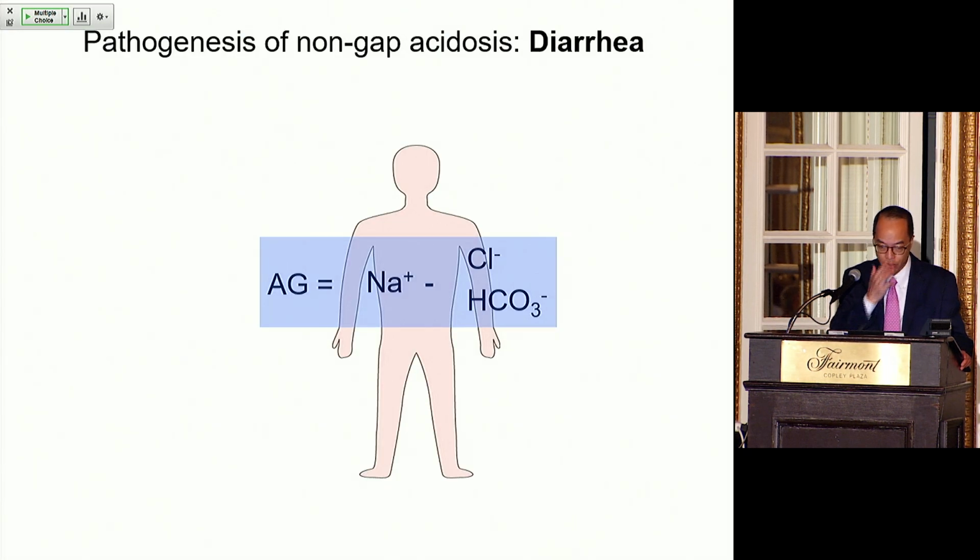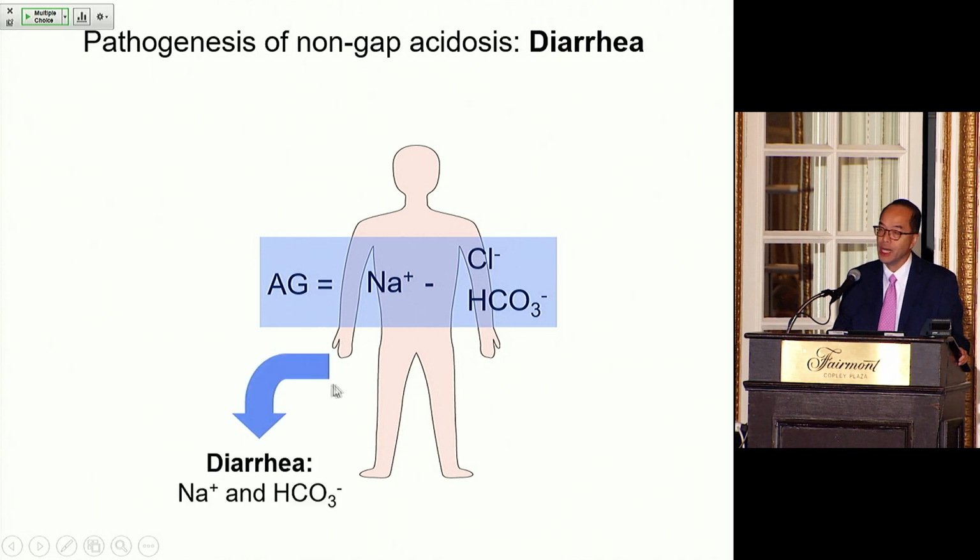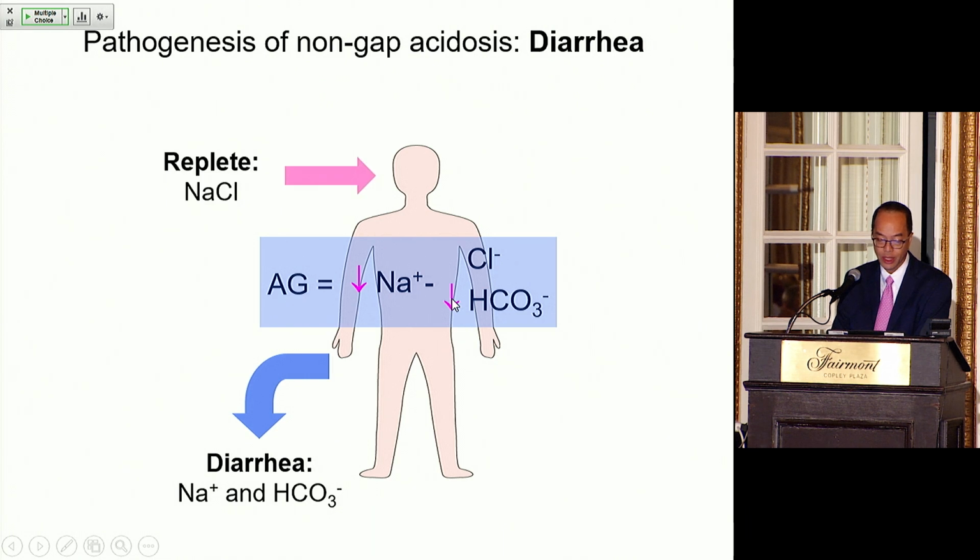Okay, so why does non-gap acidosis occur? Here's a reasonably simple example to explain this, which is the case of a patient with diarrhea. In diarrhea, the majority of ions that are being lost are sodium and bicarbonate. So what happens is that in the blood, the patient's sodium and bicarb decrease by essentially the same amount or close to the same amount.